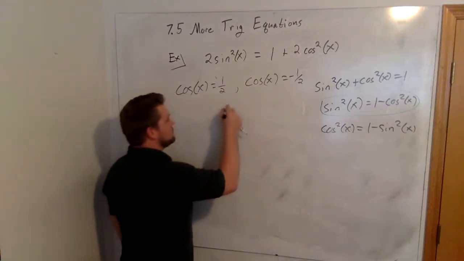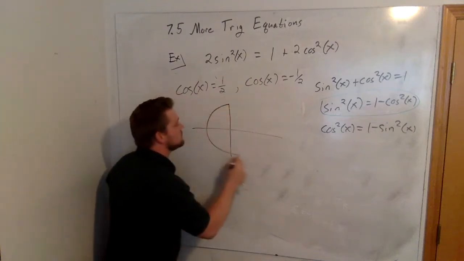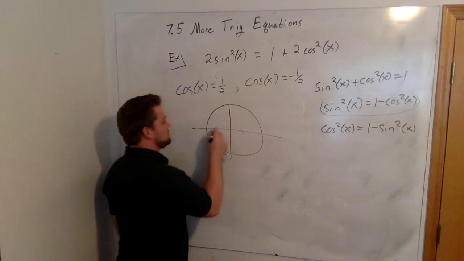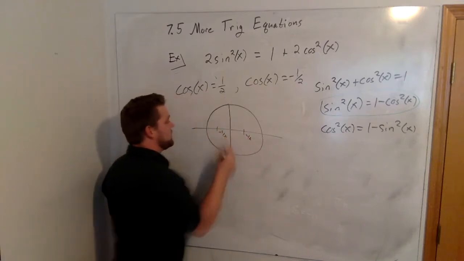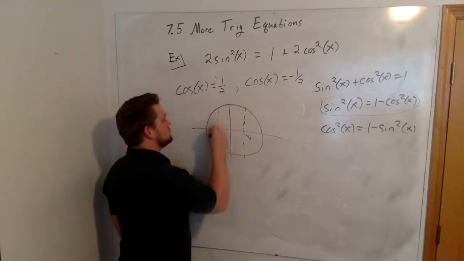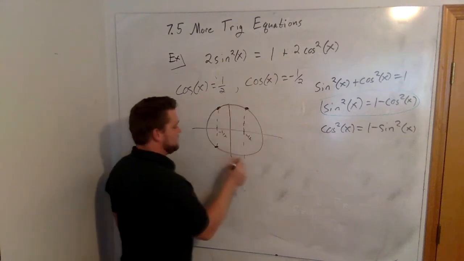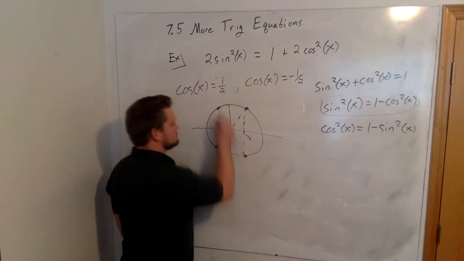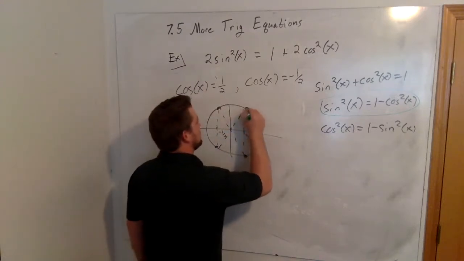We can do both of these at once. We want to know when the x-coordinate is 1/2 and when it's negative 1/2. So here's 1/2 and here's negative 1/2. It looks like we're going to get 4 different locations for this. Okay, let's see what angles we're at. And I'll do these in green. You got to hit all these spots.